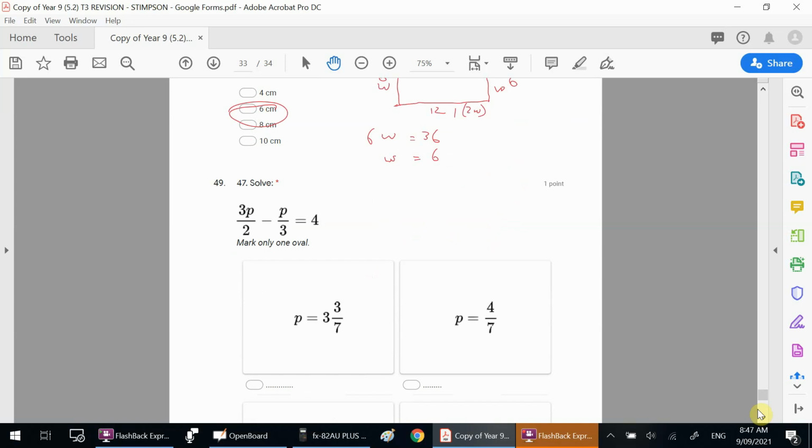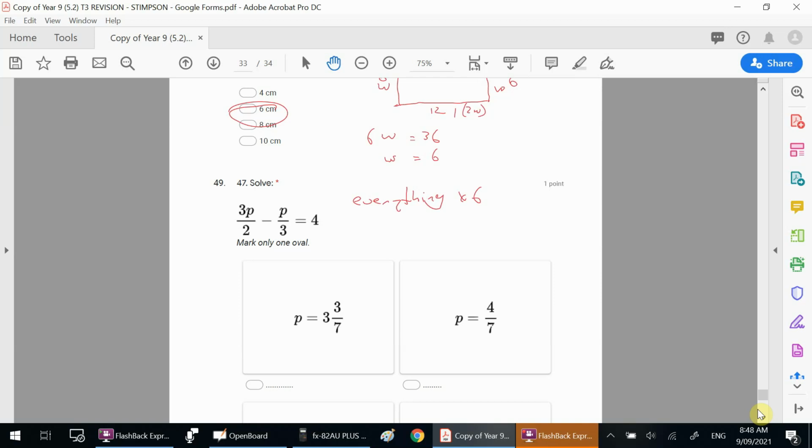Okay, this one. I'm going to multiply everything using the lowest common denominator. There's a couple of ways you can do this one as well, but we're going to multiply everything by 6. Because of the lowest common denominator, you're allowed to do that, and multiply everything by 6.